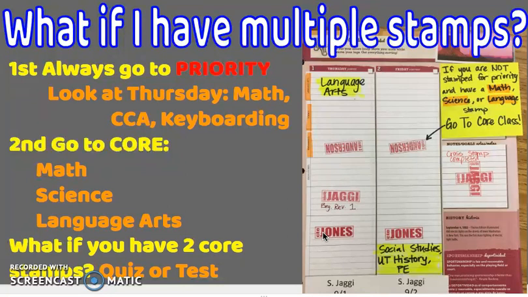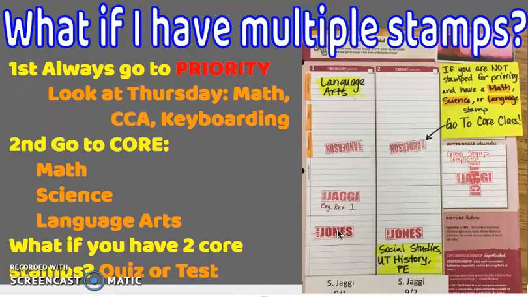We have Yagi, non-priority, non-core. And we have Stewart, not Jones, but Stewart, who is math, okay? Not a priority day for math, but math is a core. We are going to ask you, students, to go to your core stamped class on those particular days.